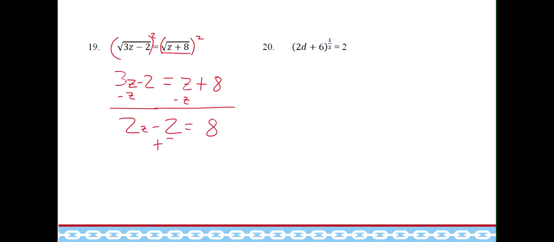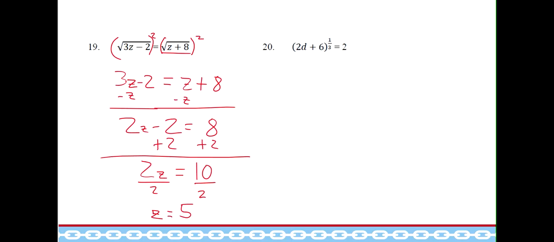I can add away this 2. That gives me 2z equals 10. Dividing away the 2 to finish it out, I end up with z equals 5.